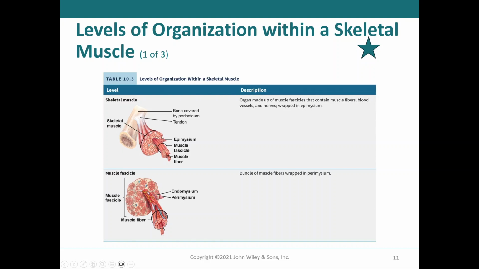When we go in and look at a muscle fascicle, this is it zoomed up where we see the muscle fiber. So in the muscle fascicle, we have perimysium, and then around the muscle fiber, we have endomysium. So muscle fascicle, perimysium, muscle fiber, endomysium, and the muscle itself, epimysium.